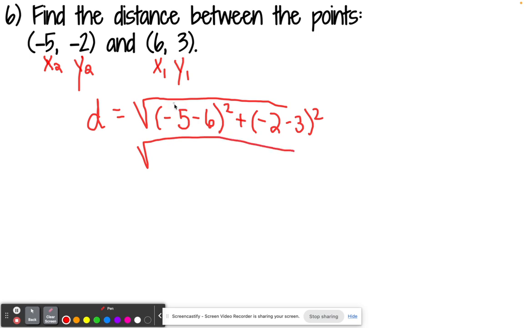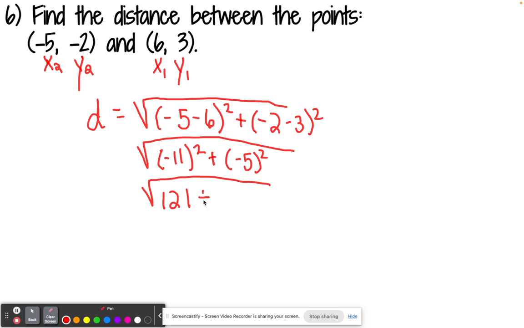Well, -5 minus 6 is -11 to the second power. And -2 minus 3 is -5 to the second power. Now I raise both of those to the second power. -11 times -11 is a positive 121. And -5 to the second power is positive 25.